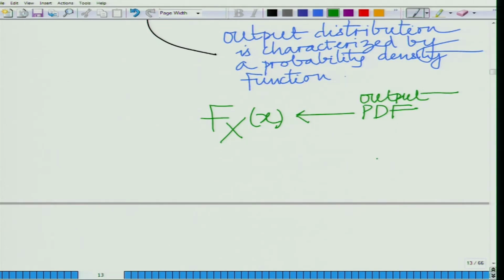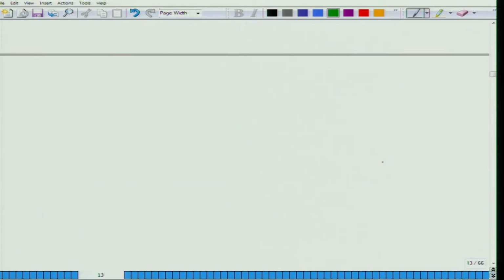For instance, f of x, the output PDF of the source, is a probability density function. One of the most commonly occurring distributions used to characterize the output of such a continuous source is the Gaussian probability density function.